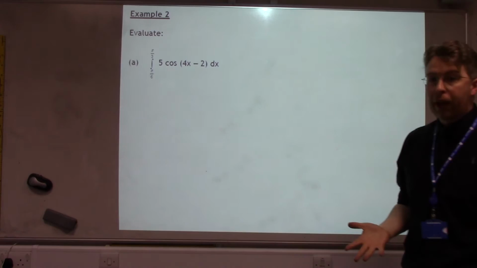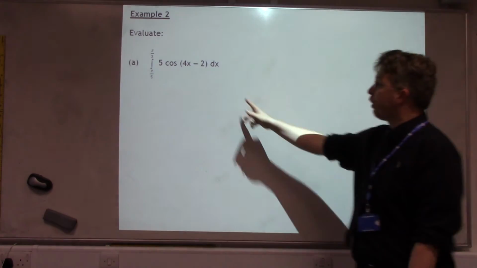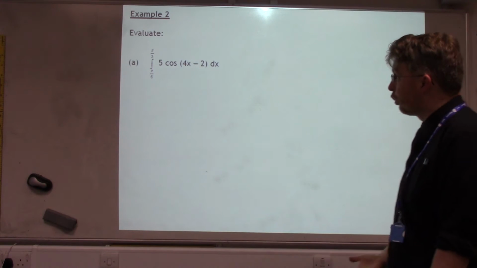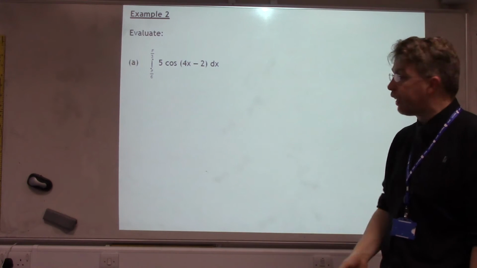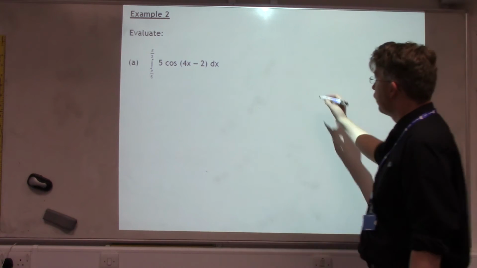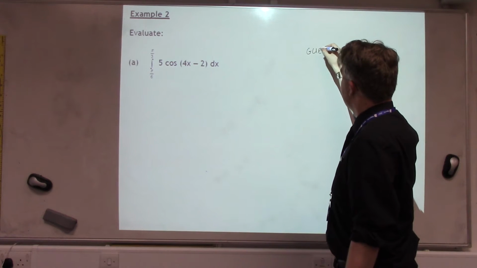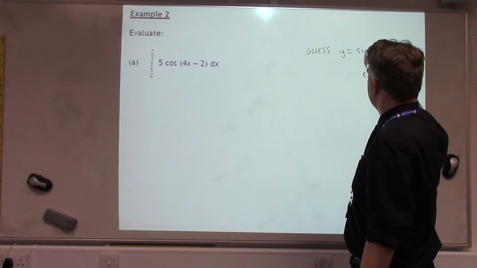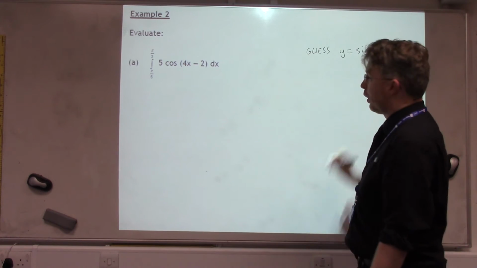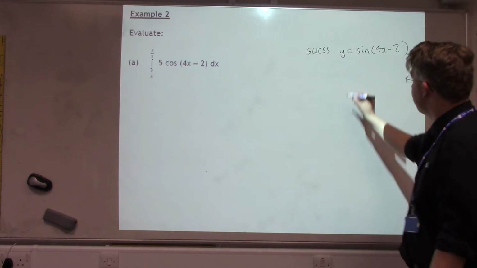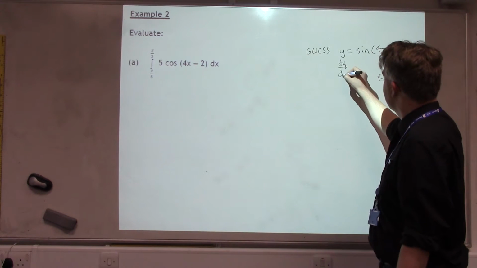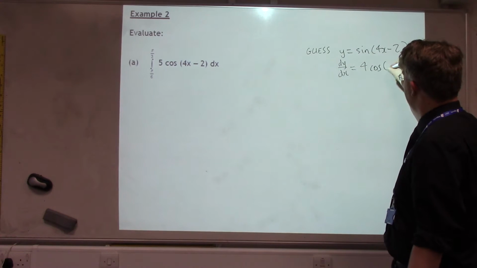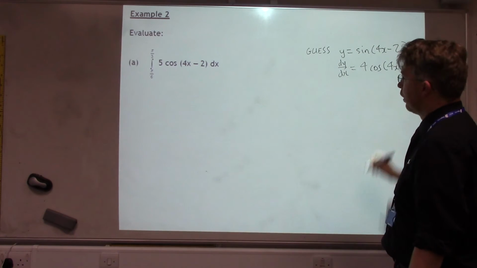Need to be able to apply definite integration. If it's trig functions, it will be in radians, just like when differentiating, trig has to be in radians. When it's integration, trig has to be in radians. So our guess would be y equals sine 4x minus 2, because sine differentiates to cos, dy/dx equals, the 4 goes to the front, 4 cos 4x minus 2.